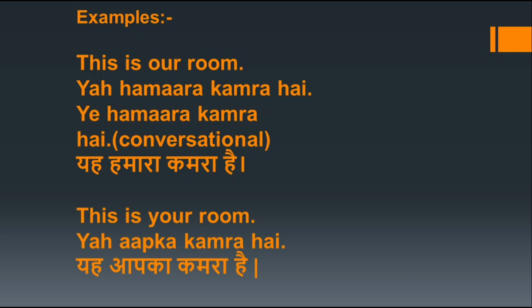Earlier I told you, when we are using possessive pronoun, the use of possessive pronoun will depend on the noun which is coming together with it. Like with ours, it is room. So, what is the possession for our room? So, according to room gender, I will use the meaning of our. So, room is kamra.